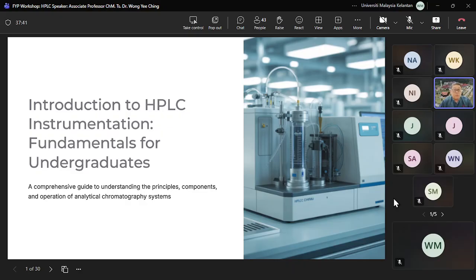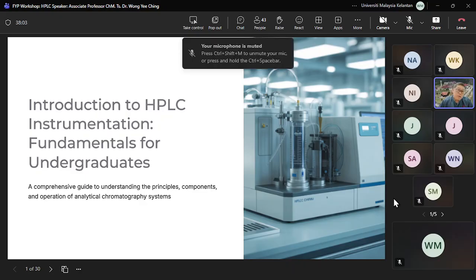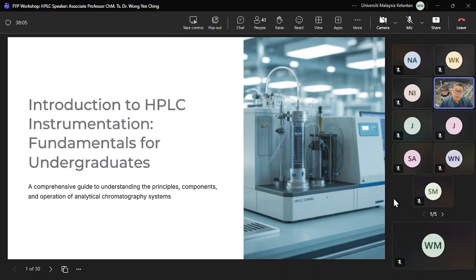So we'll go through some fundamentals and some breakdowns of the instrument itself, and some of the troubleshooting that you might encounter during your analysis, and we are trying to help solve the problems as well. So without further ado, I will go quickly through the introduction part, because I will be focusing on the troubleshooting.